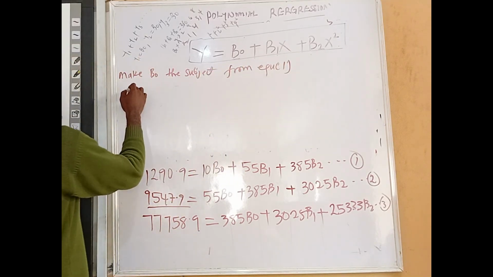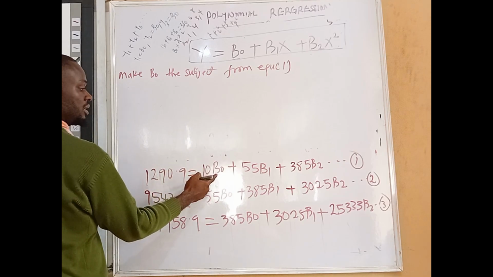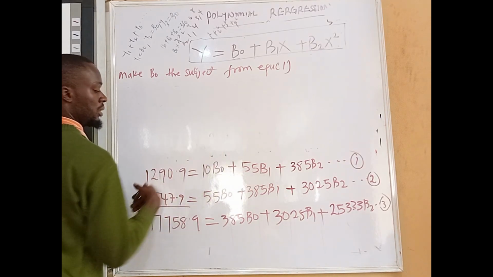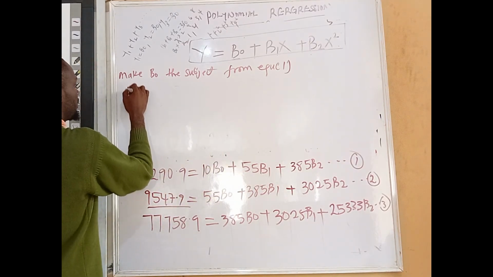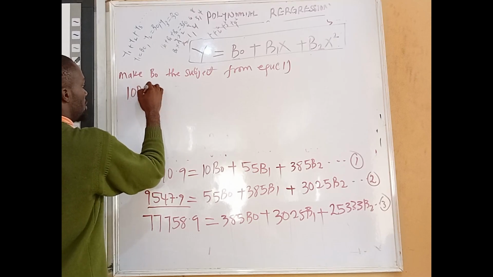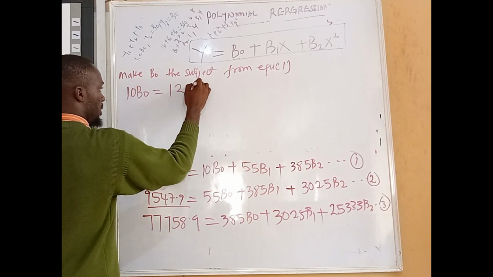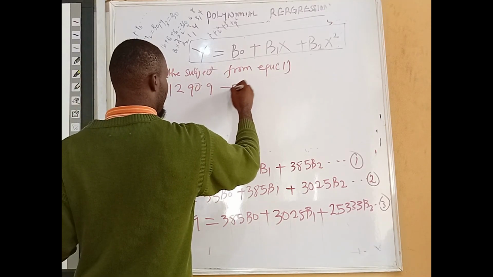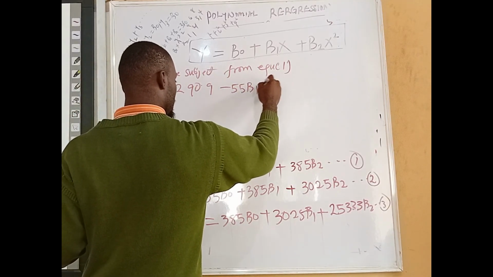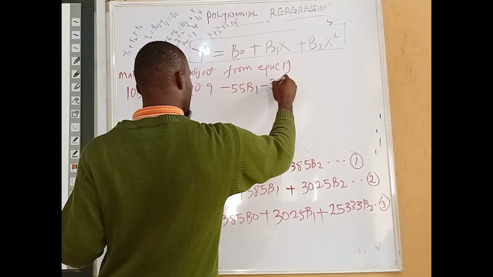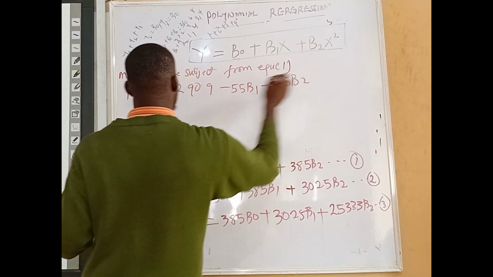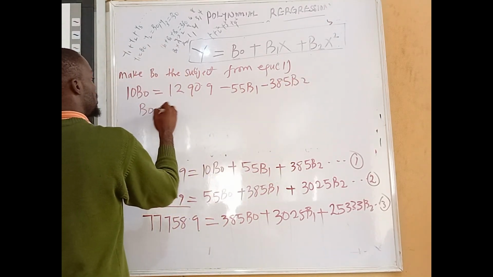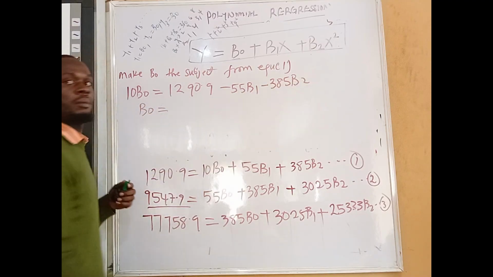So we have 10 b naught is equal to 1290.9 minus 55 b1 minus 385 b2. Then our b naught is equal to divide it by 10.